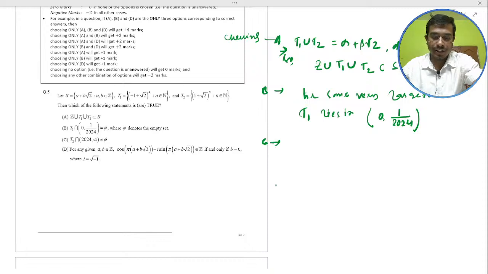Now checking option C. For some large n, the T2 is greater than 2024.